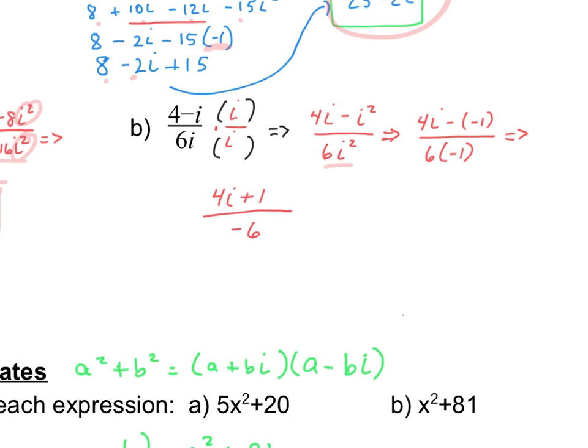When I simplify and substitute in my -1 for i squared, my problem disappears. So I have 4i minus -1 over 6 minus 1, and we're going to simplify that to 4i plus 1 over -6.